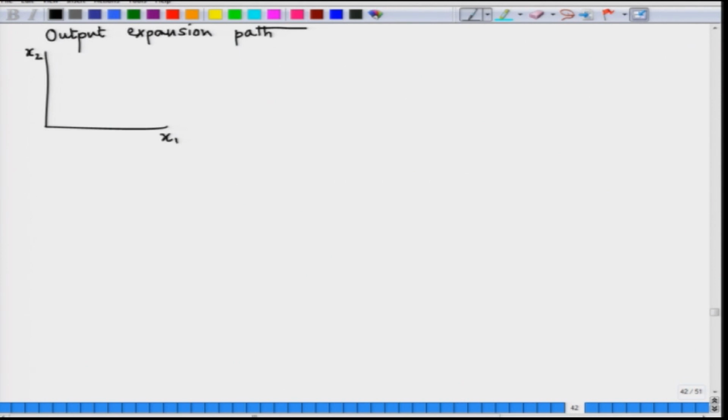Here we are going to have a series of isocost lines with the same slope.